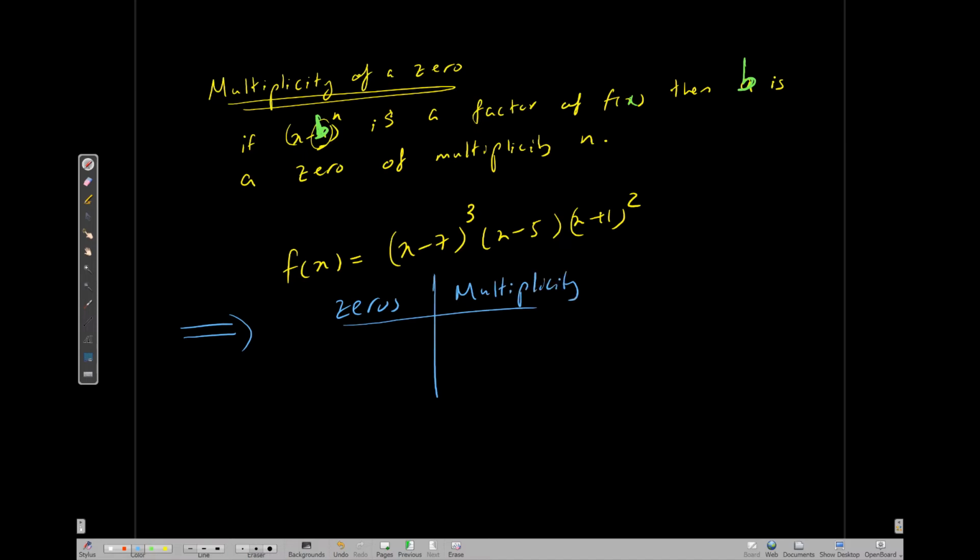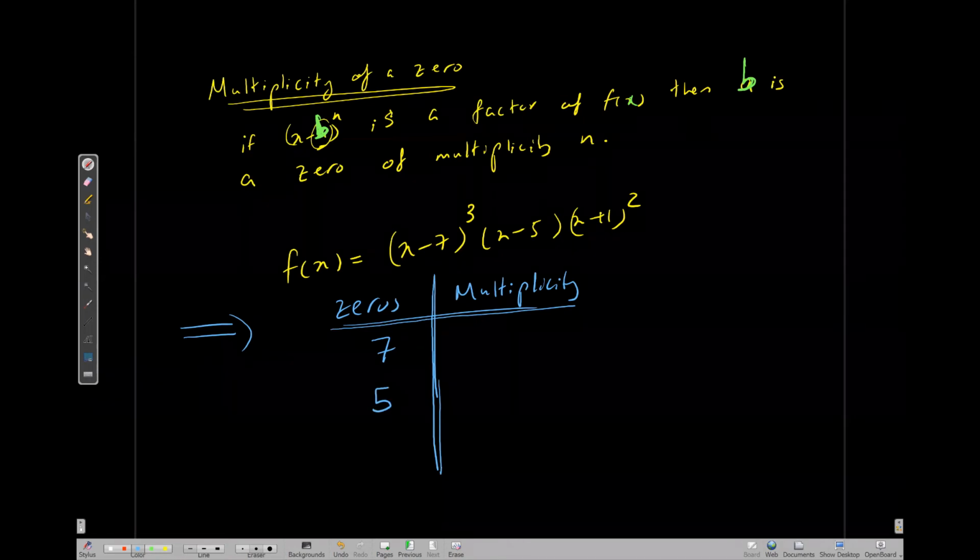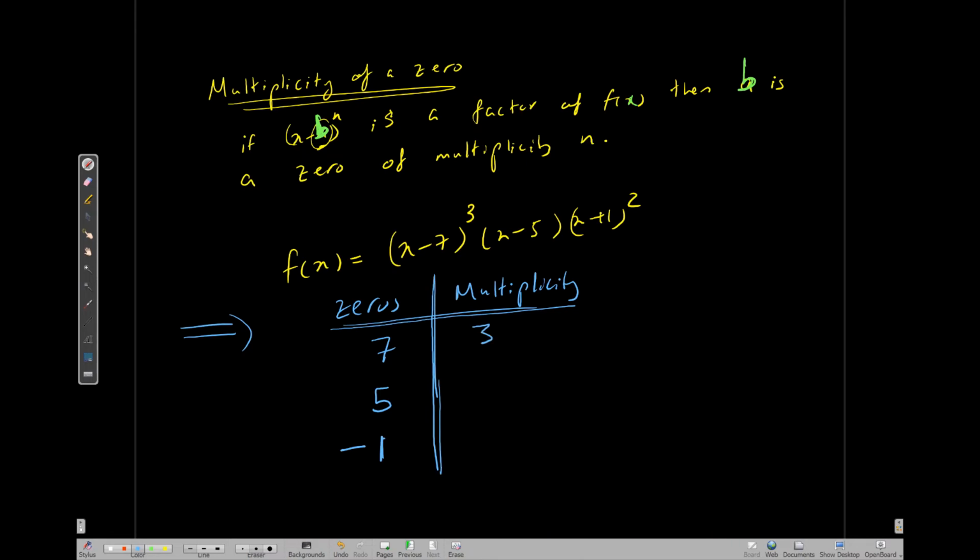Sometimes in mathematics, tables are really helpful rather than writing sentences. So x minus 7 means 7 is a zero, not negative 7. x minus 5 means 5 is a zero. x plus 1 means negative 1 is a zero. The multiplicities are 3, 1 and 2, because of these numbers that appear as the powers. That's simply the meaning of multiplicity.